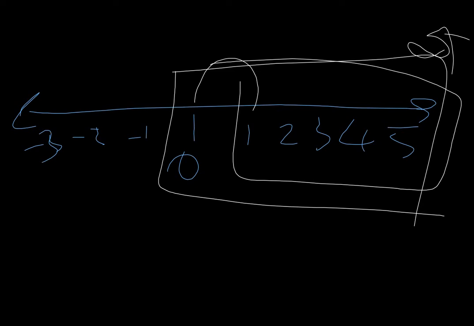We will call these numbers whole numbers. Whole numbers are numbers that start at 0 and go up. Natural numbers are numbers that start from 1 and go up. And so you can see the clear distinction between whole numbers and natural numbers.